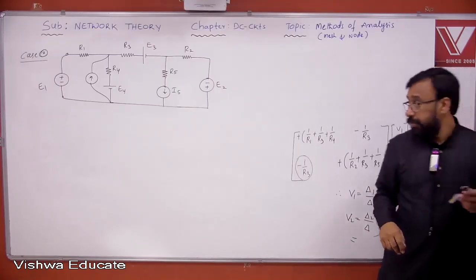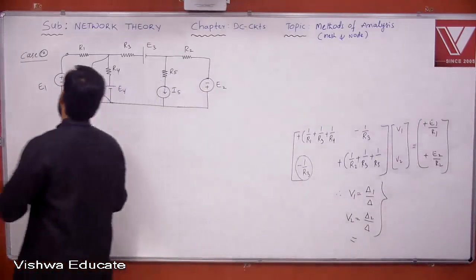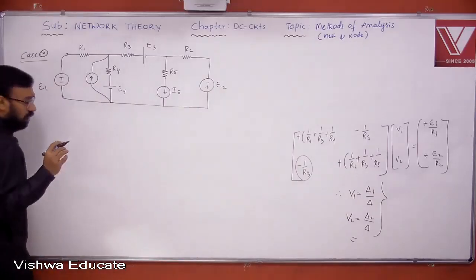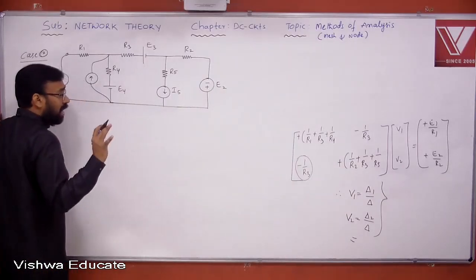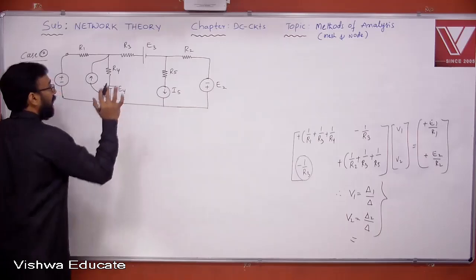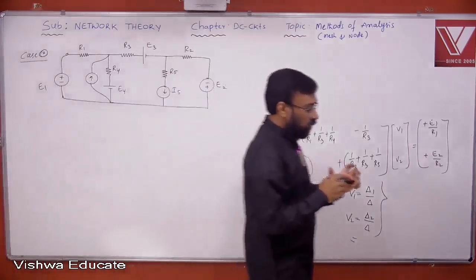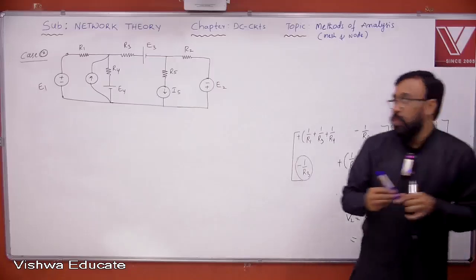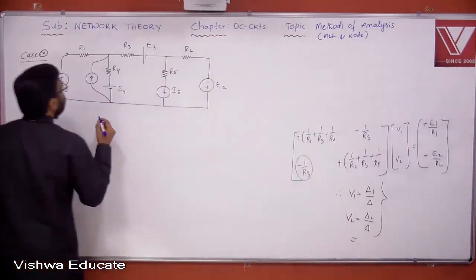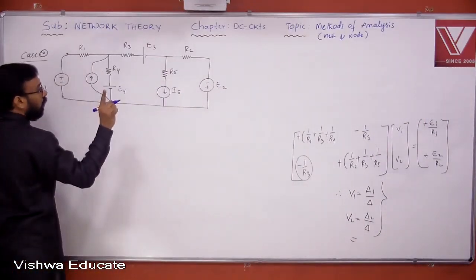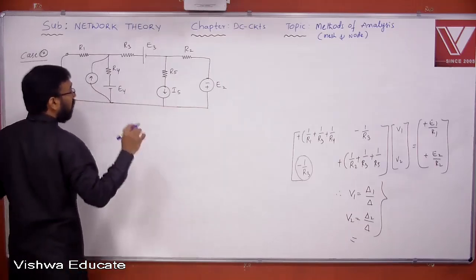Now here, look at this. How many nodes are there? Minimum number of nodes required to analyze this network. Tell me, how many nodes do you require? Degree 2, not required. What is the minimum degree you require? 3.